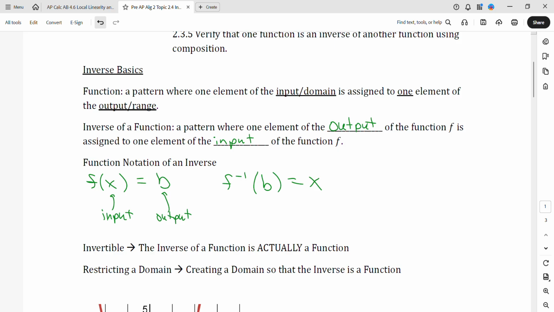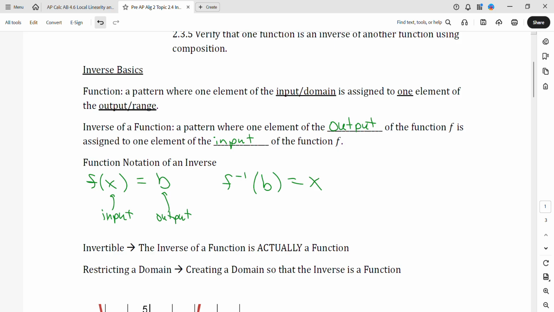When I square root that 4, I go back to the 2. So that is what this function notation is telling us: when I plug something into the function, I get the output. If that output becomes the input of the inverse, I get back to where I started. So it's a little dance that these numbers do.